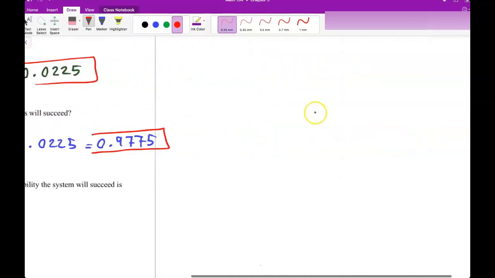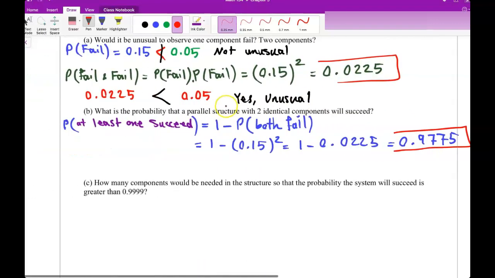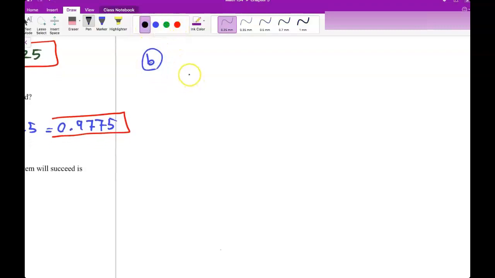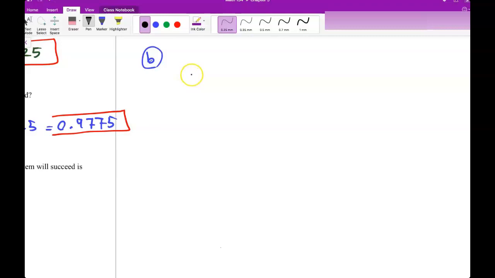So let's write that part here. This is for part B. What possibilities do we have? The first one can succeed and the second fail, or fail, success, or success, success. Why don't I have fail, fail?